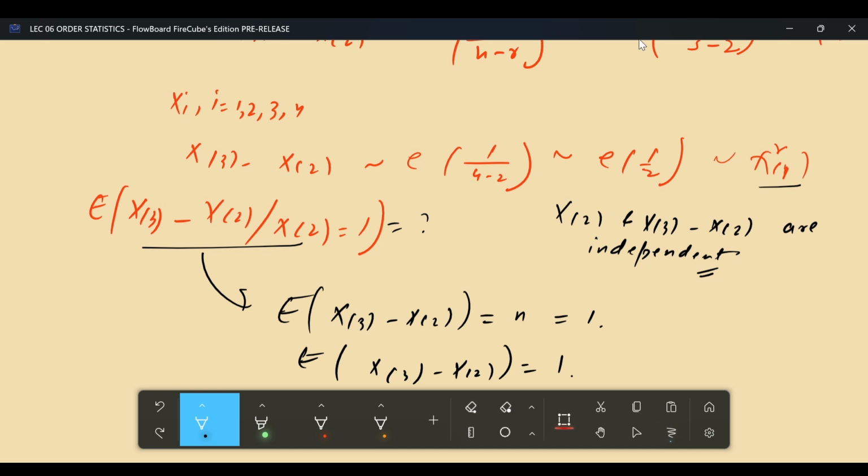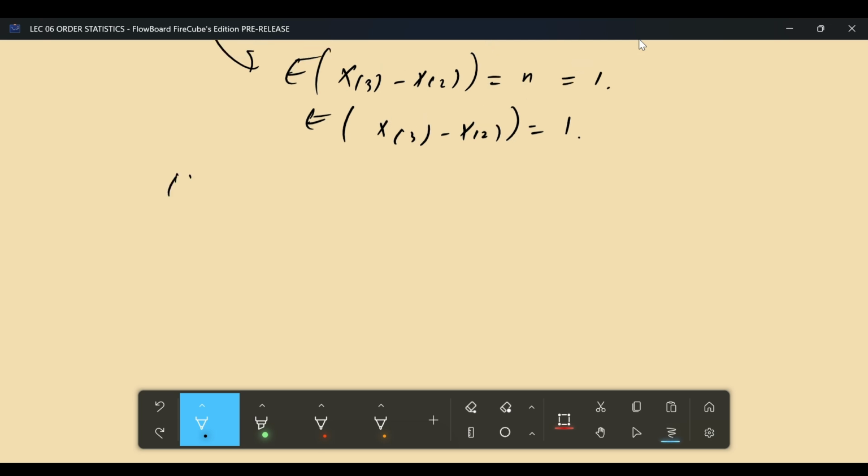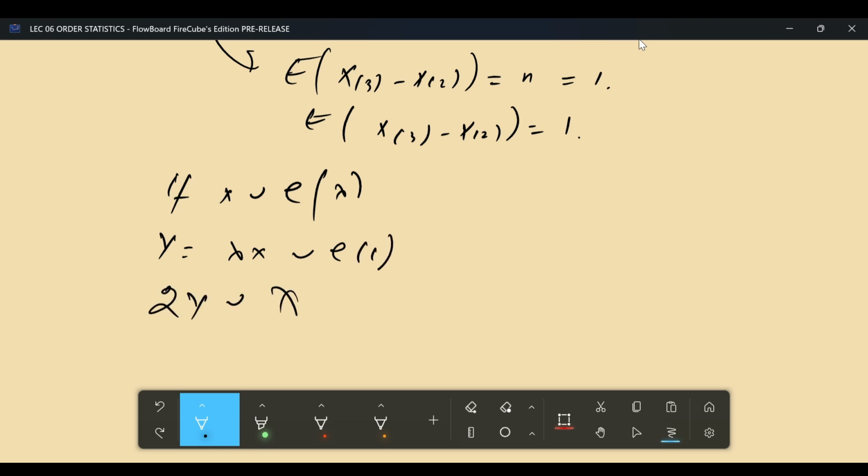And remember, if x follows exponential lambda, y is equal to lambda x will follow exponential 1 and 2y will follow chi-square 2.